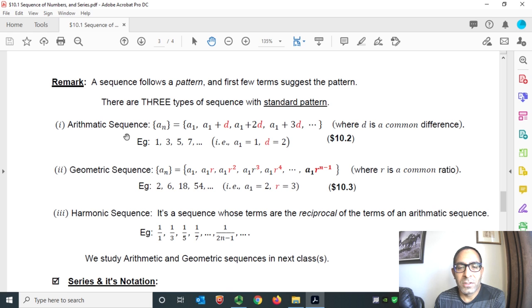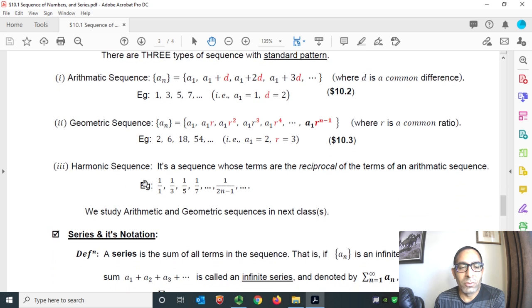Arithmetic sequence, we cover in the next class in section 10.2. Geometric sequence, after we cover arithmetic sequence, we cover in section 10.3, again in another class. And harmonic sequence, which we do not cover in this class. So we study arithmetic and geometric sequences in coming classes.